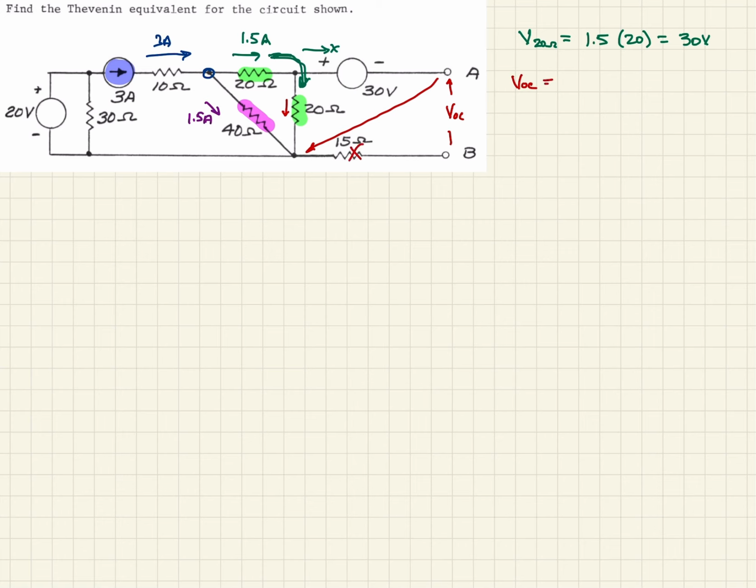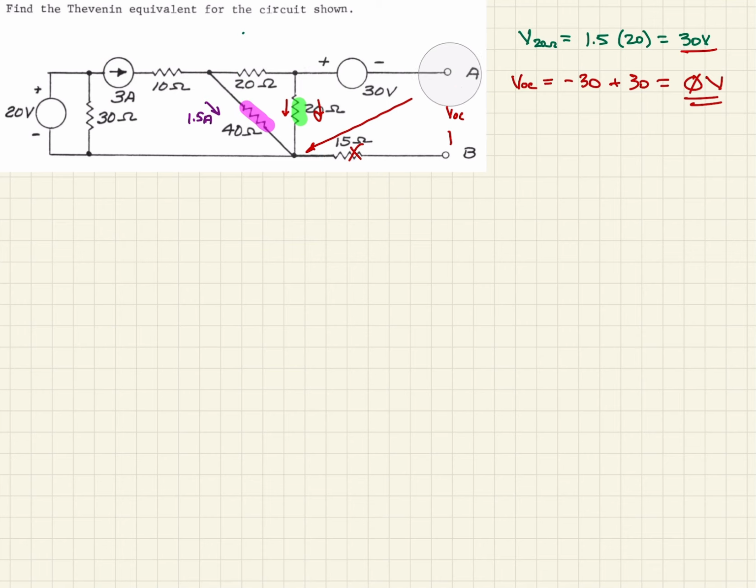So we'll have our 30 volt source, coming around this way around the loop. We hit the negative sign first, so that's minus 30. And then as we hit this 20 ohm resistor, that will be 30 volts. That's what we got right here. So our open circuit voltage is 0 volts. It's a little unusual, but that's what the calculations say.